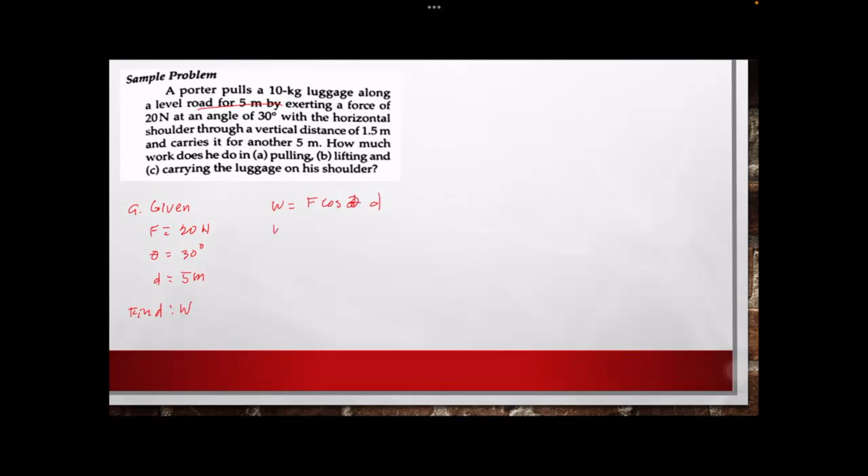So we have work equal to 20 cosine 30 degrees times our distance or displacement, which is 5. What will be the answer? Please compute this: 20 cosine 30 times 5. Or you can use 100 times cosine 30, because 20 times 5 is 100.